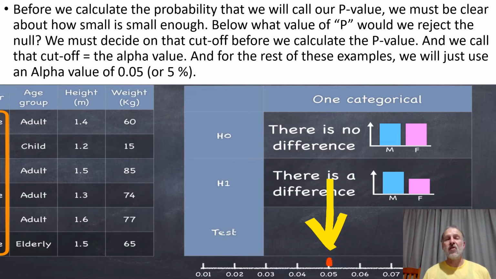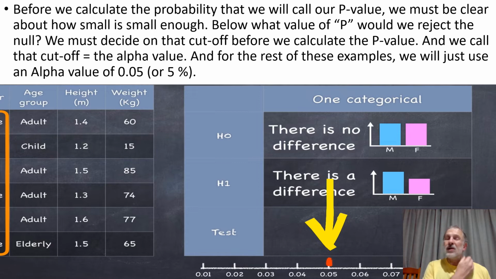But like I say, the reason why you must decide beforehand is that if it's a really dangerous thing that you're going to do, and the risks are very high, you may choose an alpha value way lower than 5%, maybe 0.01.